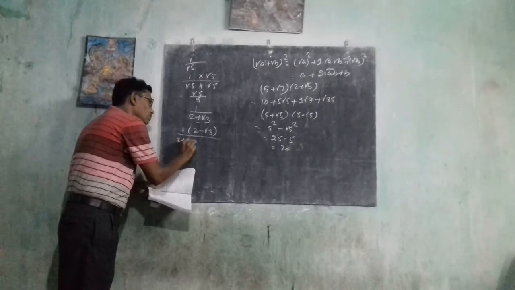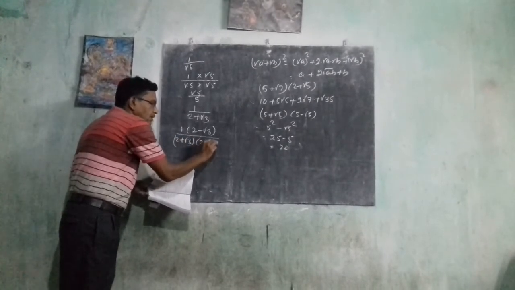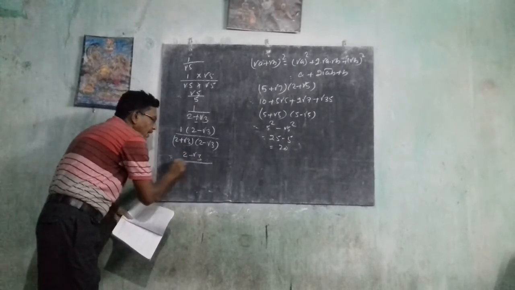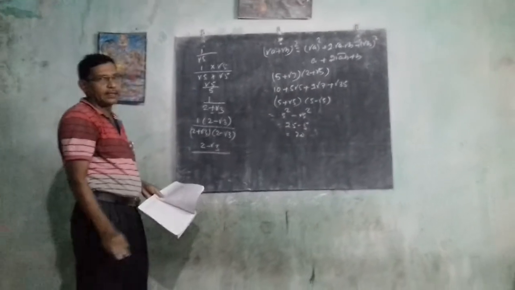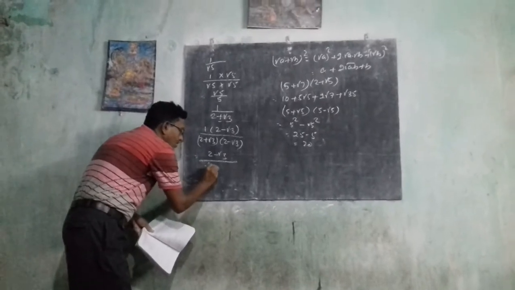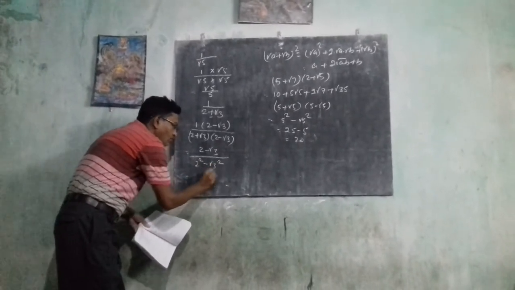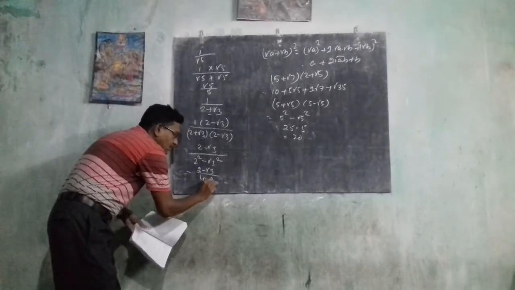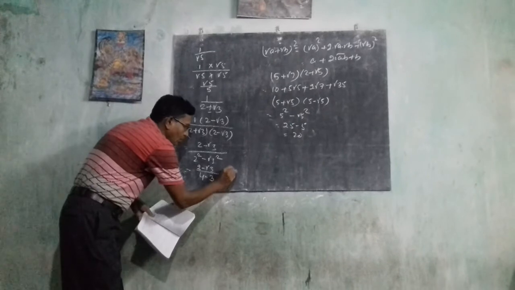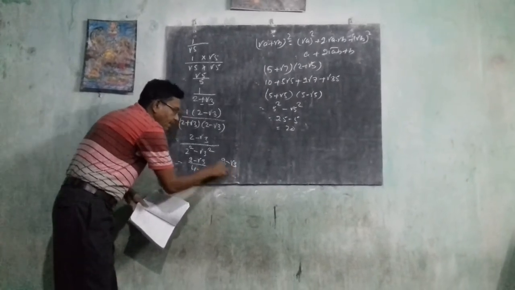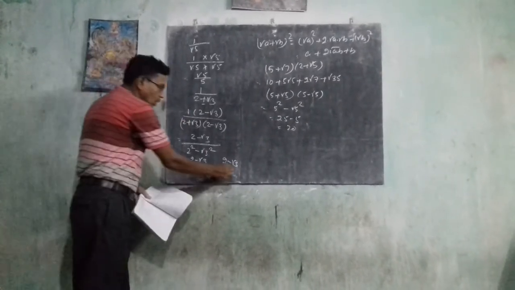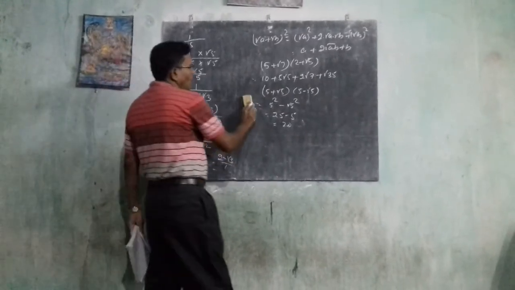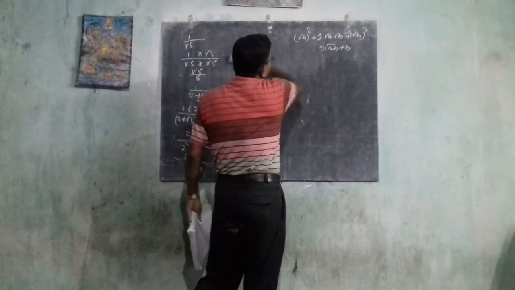Here 2 plus root 3 into 2 minus root 3, using the identity A plus B into A minus B equals A square minus B square: 2 square minus root 3 square. So 2 minus root 3 by 4 minus 3 equals 2 minus root 3 by 1. 1 is not necessary. So our denominator becomes 1, and 1 is a rational number.